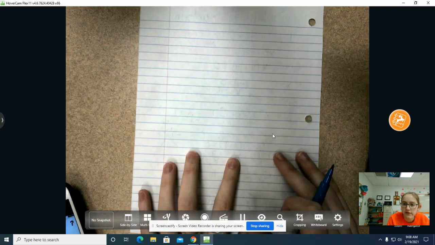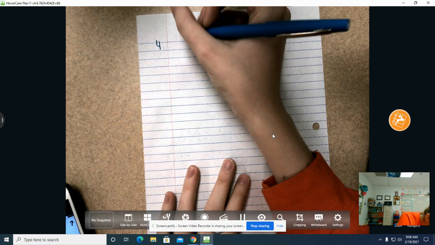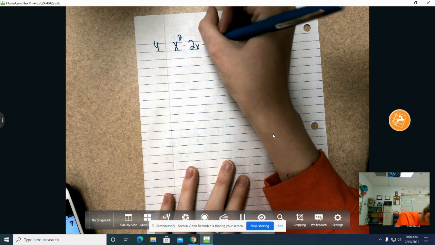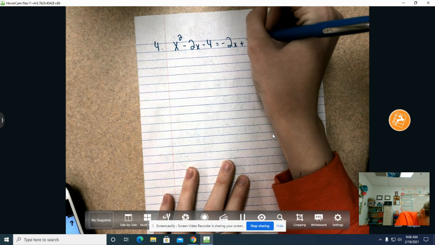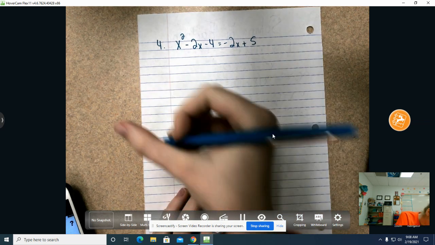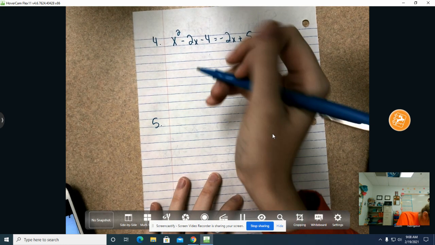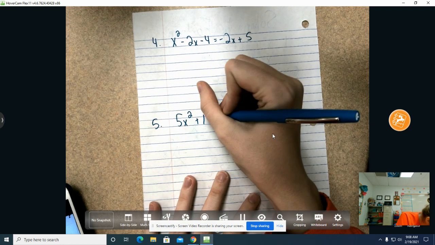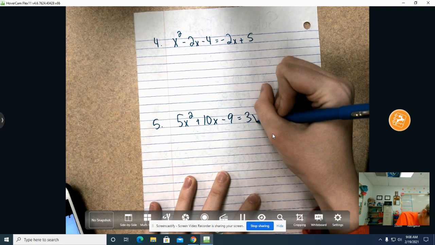Okay, I'm going to give you 2 more for you to try and check yourself. So for example 4, I want you to try and do x squared minus 2x minus 4 equals negative 2x plus 5. And then for your 5th example, I want you to do 5x squared plus 10x minus 9 equals 3x minus 3.